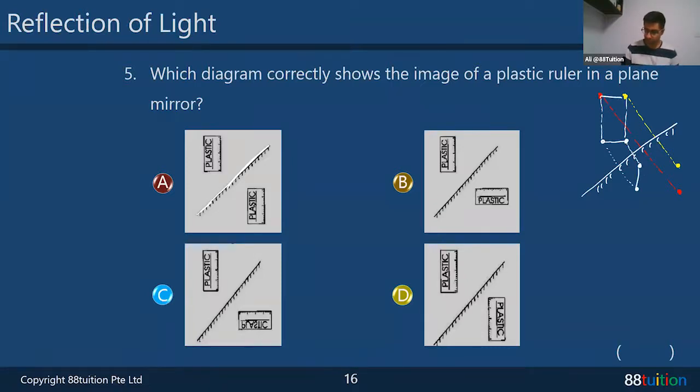Ta-da! See what happened? Easy. So the answer must be B or C only. Cannot be A, cannot be D. The plastic ruler will look like this in the mirror, okay, on the other side.